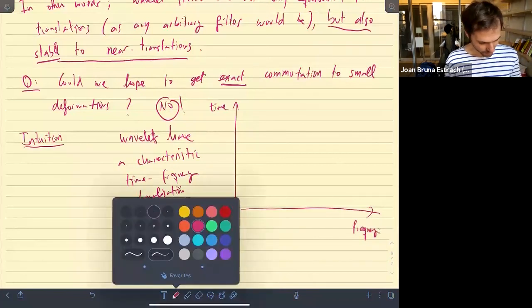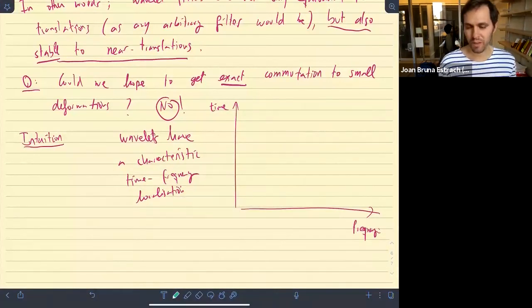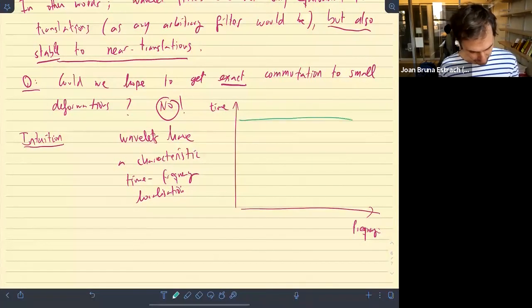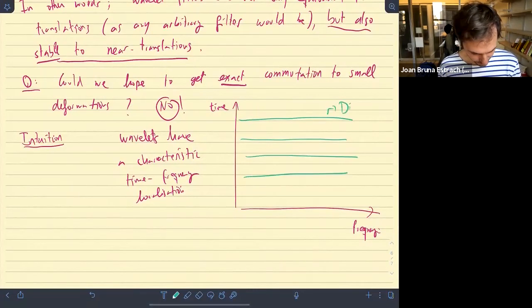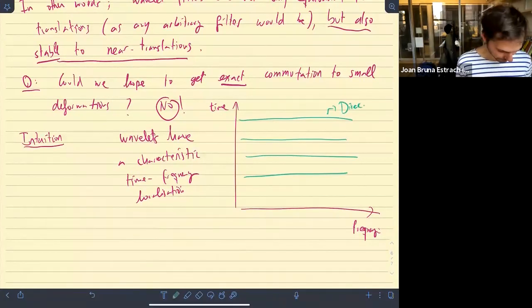There are basically 3 paradigms, or 3 extremes. The first extreme is to stay with the representation in terms of pixels, or timestamps, if you want. They are very localized in space, or in time, but very delocalized in frequency. These correspond to the Diracs: a signal that is super localized in space but very delocalized in frequency.